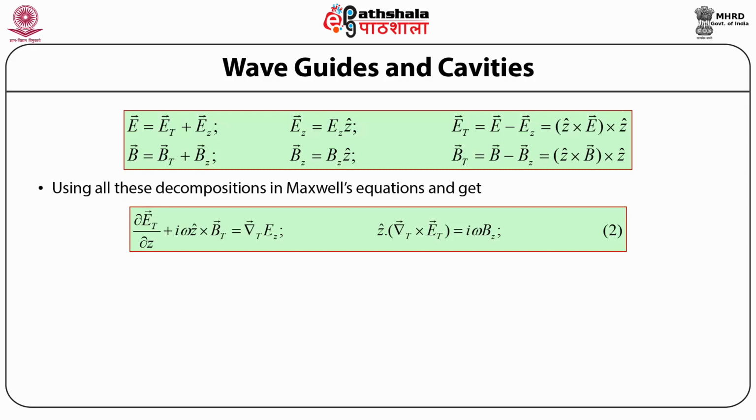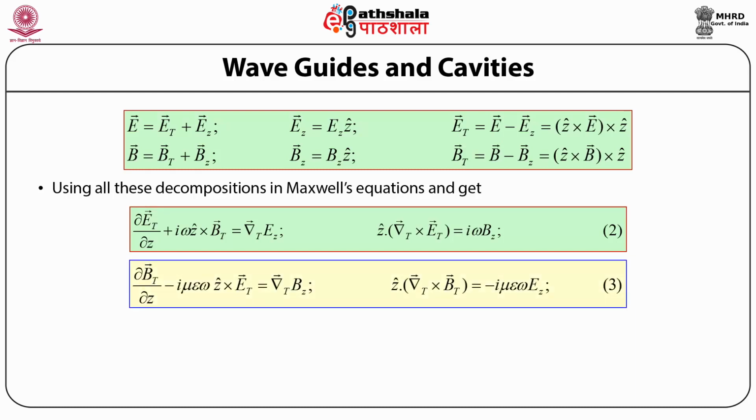Similarly, the dot product of unit vector z with the curl of the transverse del operator and the transverse electric field is equal to iω times the z component of the magnetic field induction B.